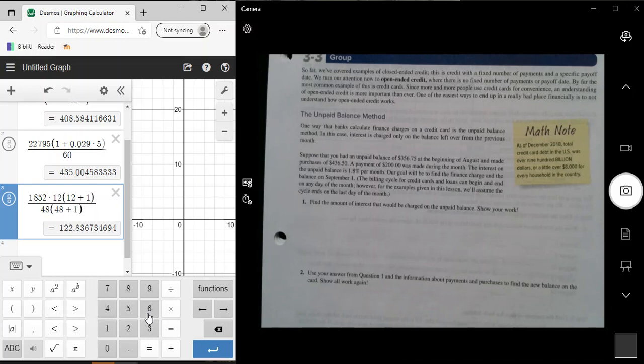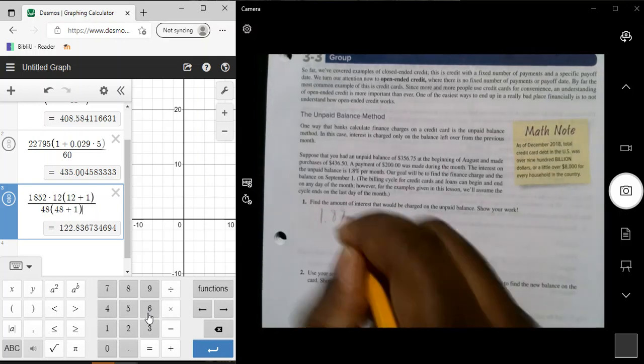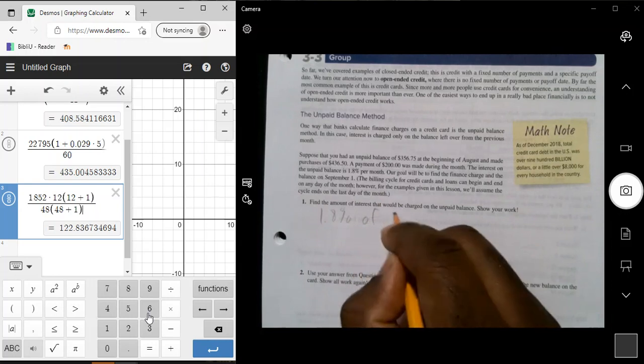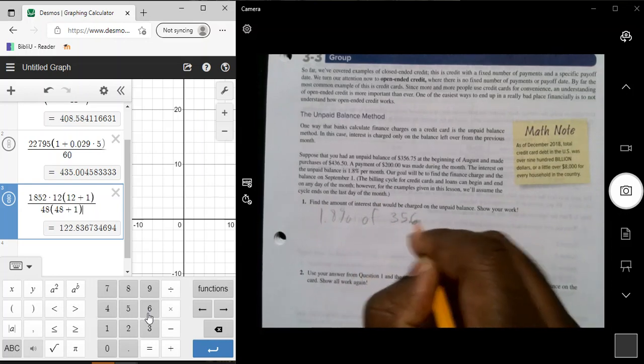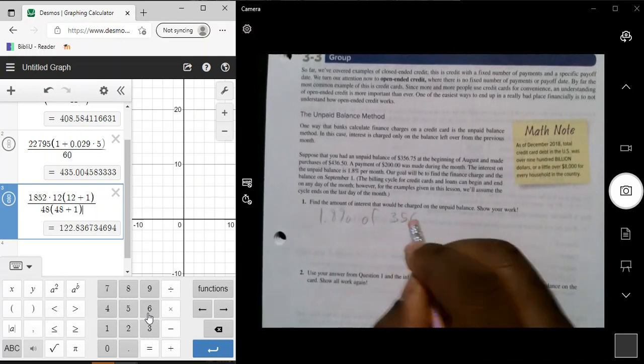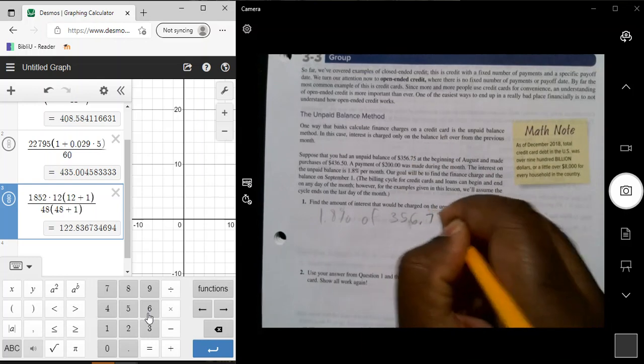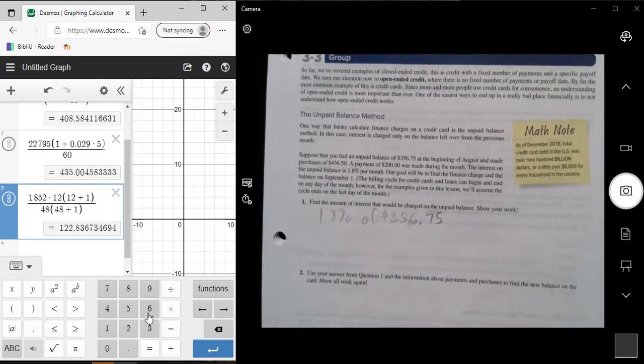Now, number 1, find the amount of interest that would be charged on the unpaid balance. Show your work. It'll be 1.8% of $356.75. Now, let me show you how we got this.